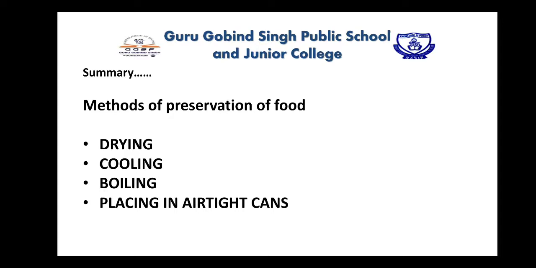When food is placed in a refrigerator, microorganisms do not get the warmth they need for their growth. Third method we learned, boiling. When foodstuffs are boiled, the microorganisms in them get destroyed and we can preserve our food for a long time.